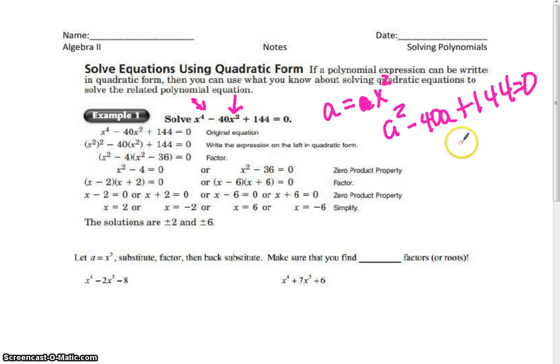Okay? So this is going to be a minus something and a minus something else.